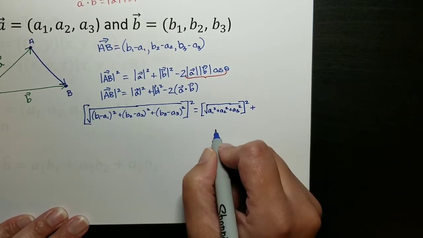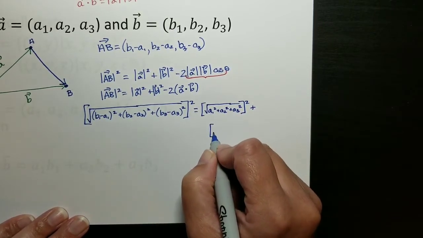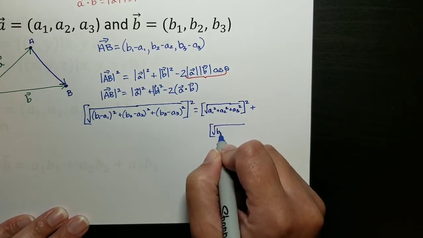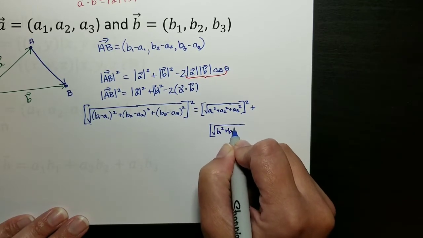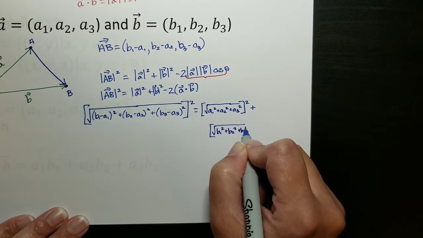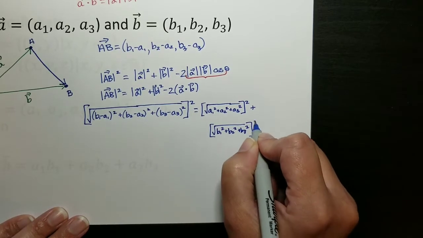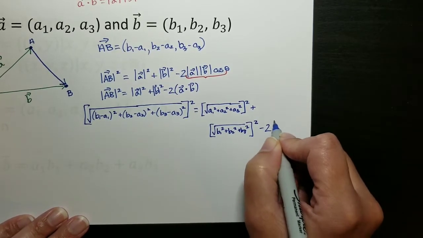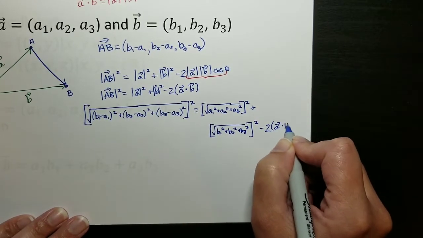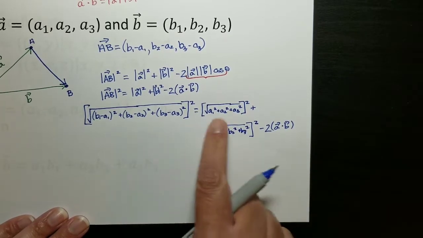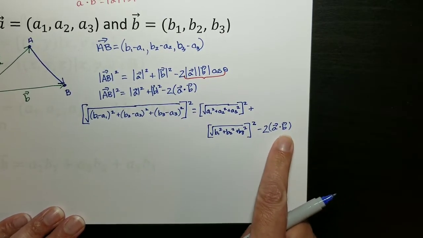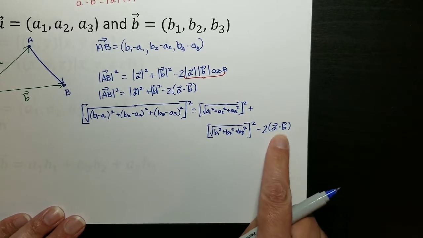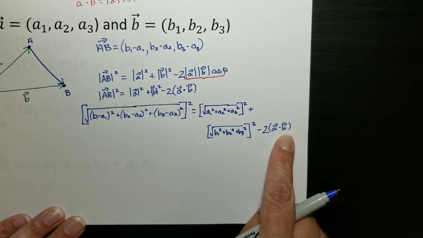And then the square root of B1 squared plus B2 squared plus B3 squared minus 2A dot B. So again, this is following down onto that line just because I'm out of space, but we really want to solve for that A dot B.